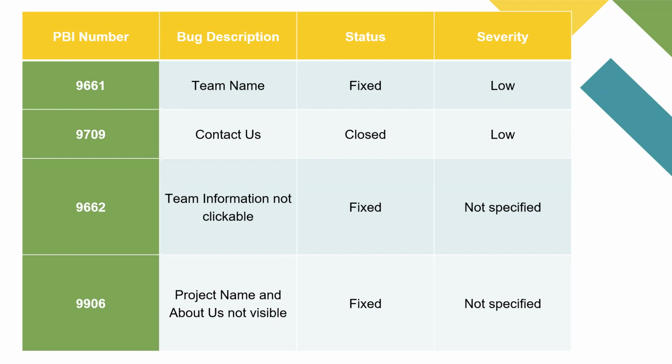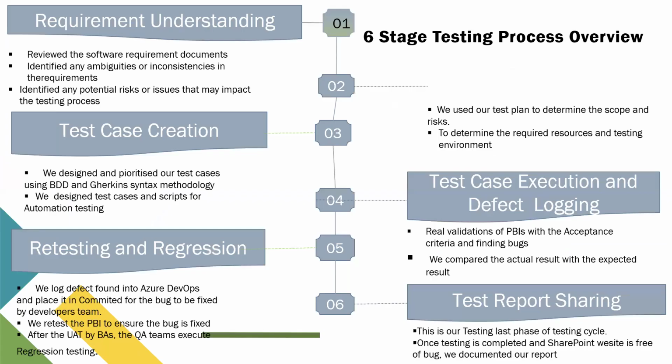So the next stage of this process is test case execution and defect logging. Once we execute our test case and it passes, or we face a defect, it is logged, and then the developer is tagged to resolve the defects. Once the defect has been corrected, we go ahead and do retesting and regression testing as well.